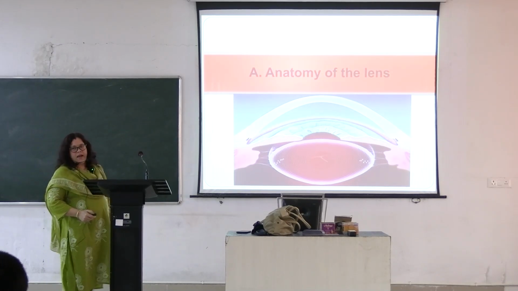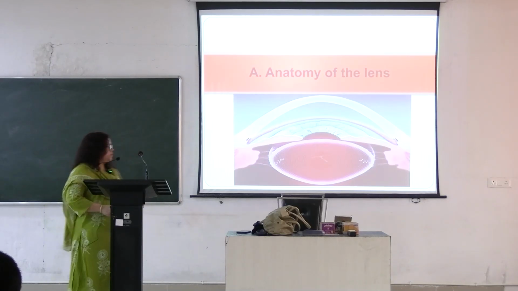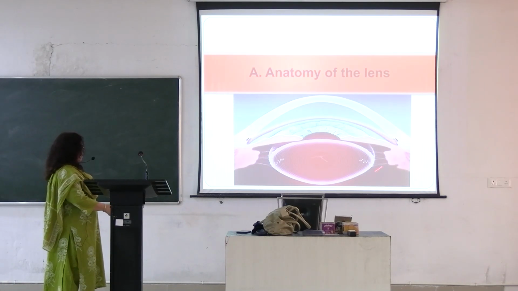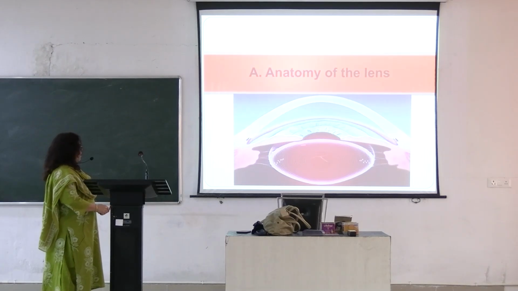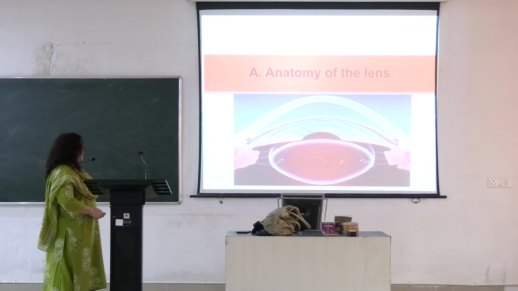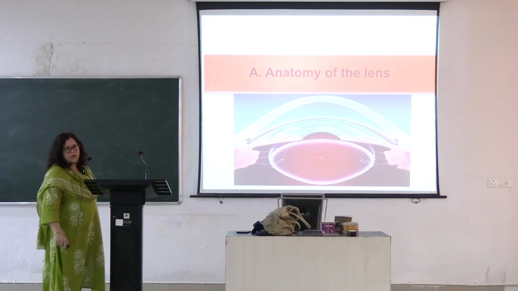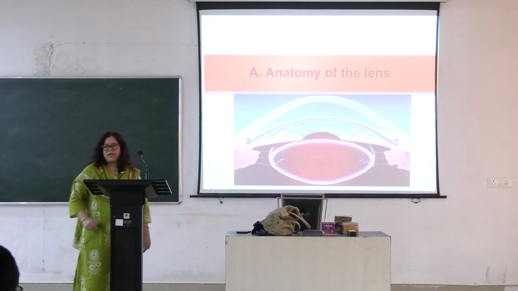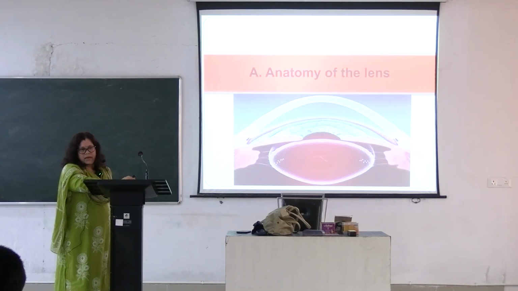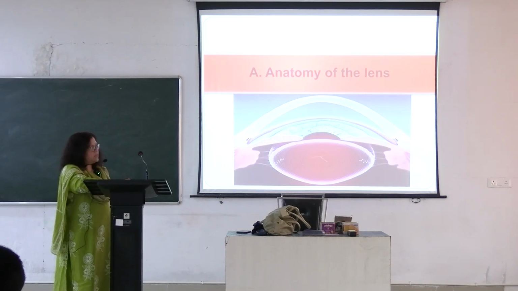The lens basically has three parts. The outer part is the capsular part, the middle part is the cortex, and the central part is the nucleus, and the nucleus has a collection of old and new fibers.